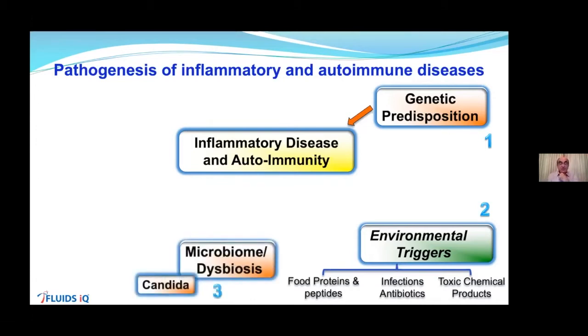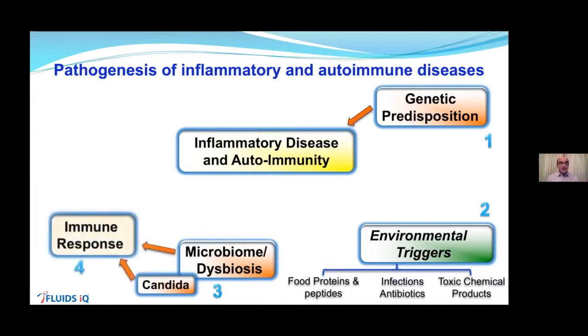After that, you need to be aware of the microbiome, especially when it's dysbiotic, when you're beginning to get a dysfunctional microbiome, and specifically the area of Candida, which we're going to discuss in a few moments, and how that leads to immune response, sometimes a dysregulated immune response, meaning an immune response which is not the normal type of response that you should have.